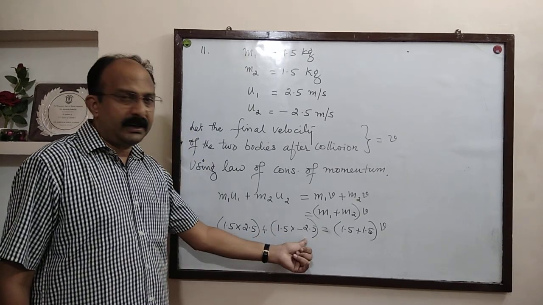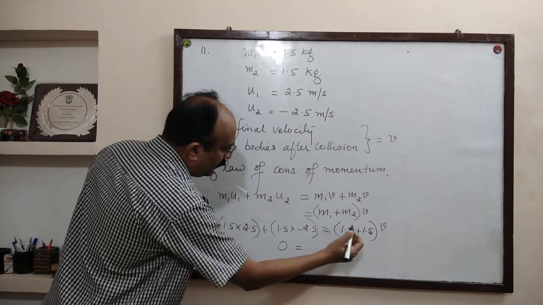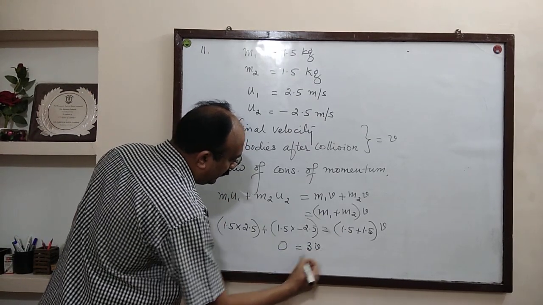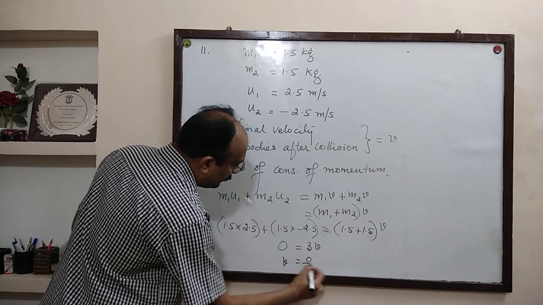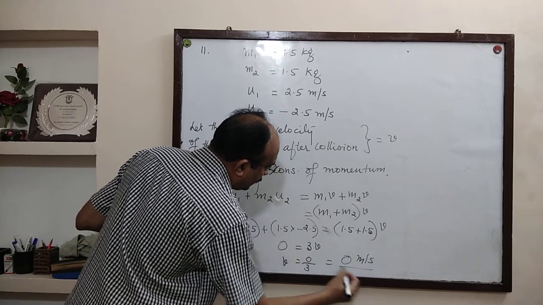One is plus and one is minus, so their sum is 0. So 0 is equal to 3V, V is equal to 0 meter per second.